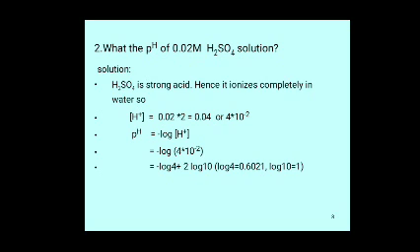Log 4 is equal to 0.6020 and log 10 value is equal to 1. So we substitute these values: minus 0.6020 plus 2 into 1, that is equal to 1.3979.